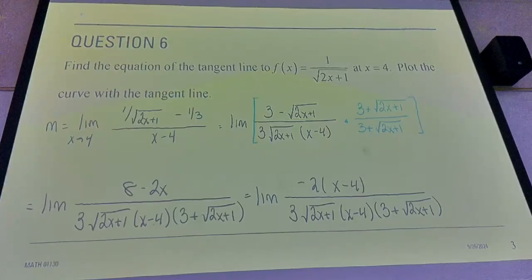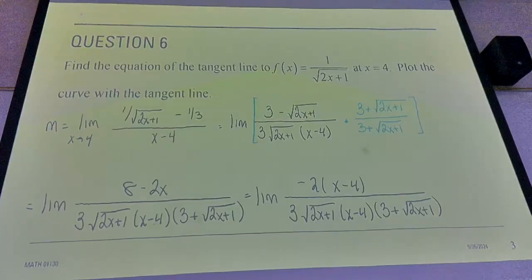That will leave us with x minus 4. Okay, that will leave us negative 2 times the limit of 1 over 3 square root times 3 plus square root, denominator, all under 1.